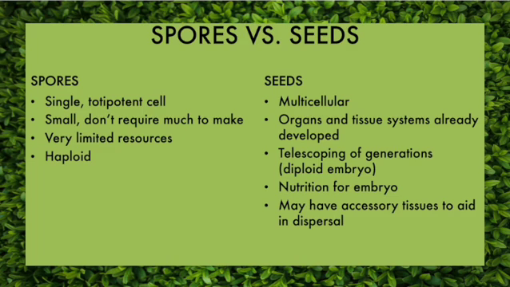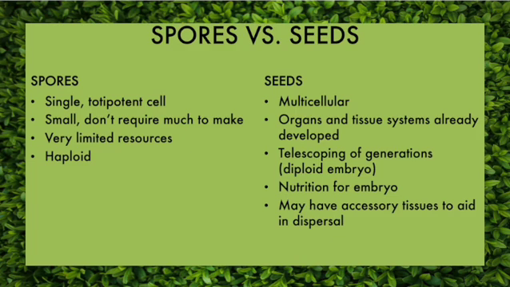By contrast, seeds are multicellular, with cells differentiated into organs and tissue systems at the time of dispersal. Seeds are sometimes described as having a telescoping of generations, because the seed coat is derived from the mother sporophyte, the endosperm is derived from the haploid gametophyte, and the embryonic plant inside is a new sporophyte.